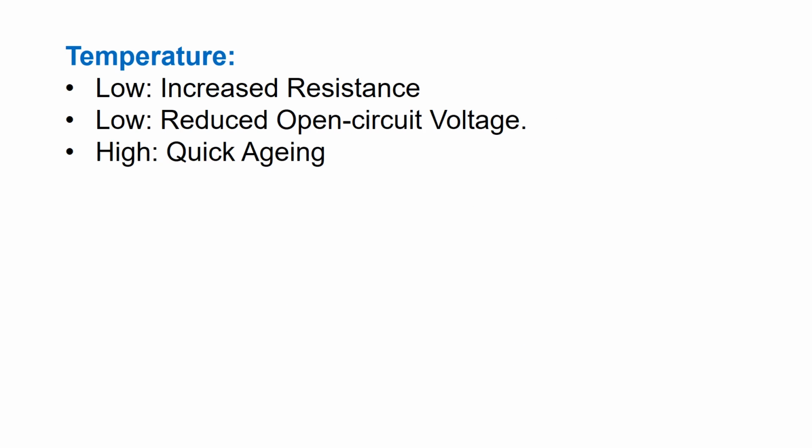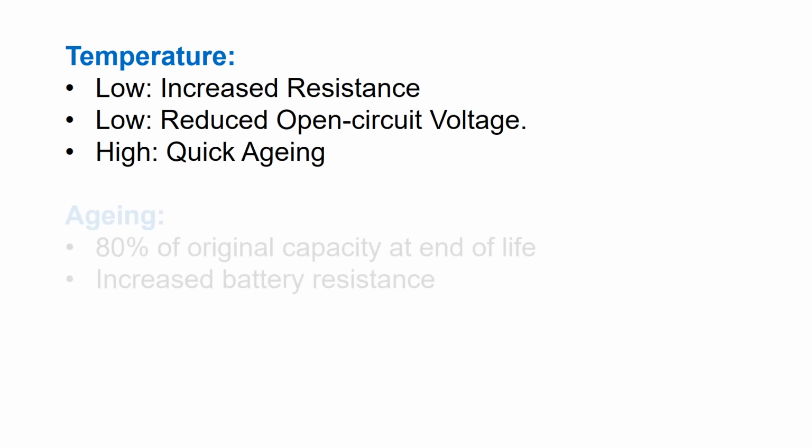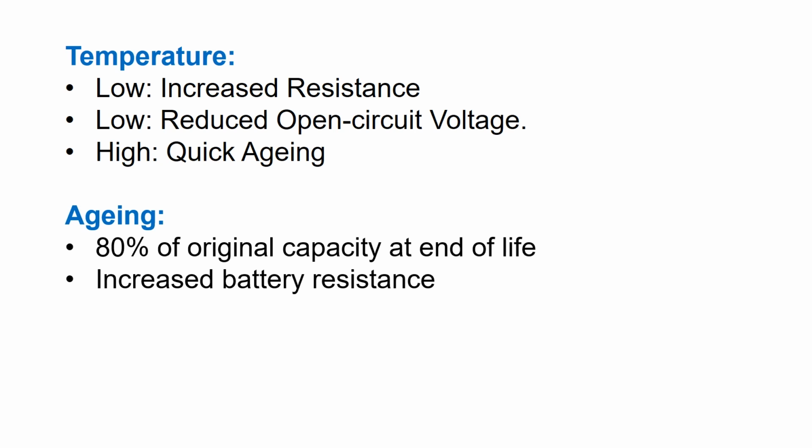The battery likes to stay within a narrow temperature range. If it gets too cold, the resistance increases and the open circuit voltage decreases. And if too hot, it will age quickly, even when not used. As the battery ages, its properties will change. For example, the maximum charge it can cycle is reduced.